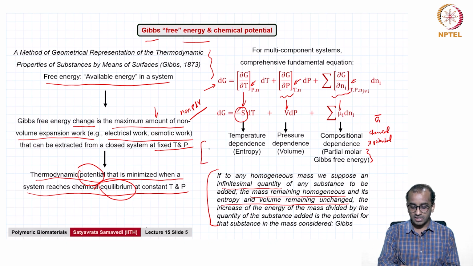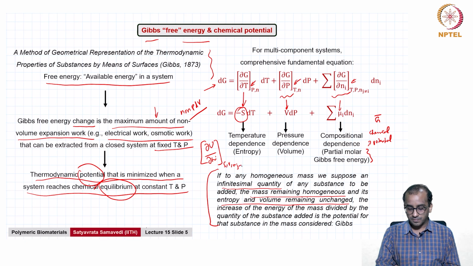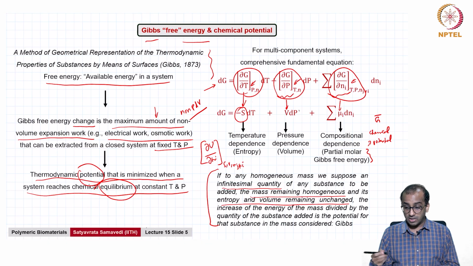And what he is really saying is, you can represent this by this again. So, what this simply means is, these terms here represent the temperature dependence, pressure dependence and the composition dependence. And in composition dependence, we are keeping T and P constant.